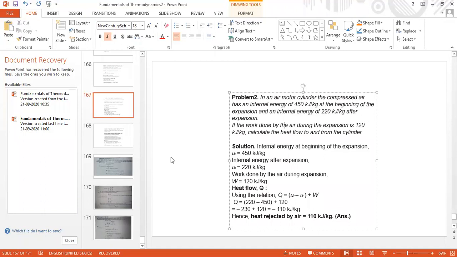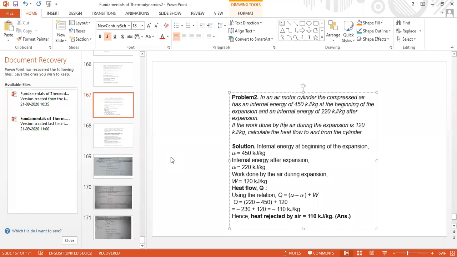We calculated the Q value and we got minus 110. What do you mean by minus 110? Is it heat absorbed or something else? That's why doing problems for understanding the concepts is highly needed. Doing problems helps us a lot to understand the concepts.